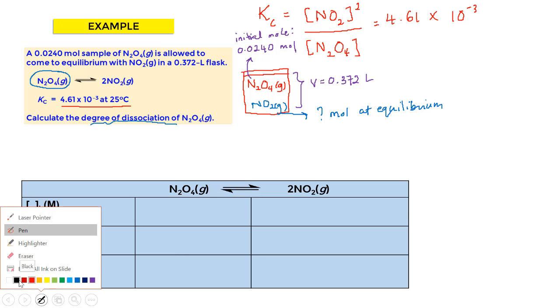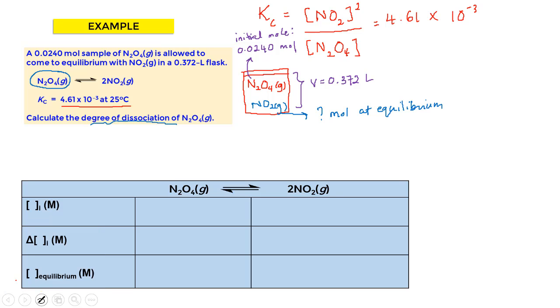Okay. So now, kalau you lihat di sini, kita tidak ada initial concentration of N2O4 secara directly. But we have the number of mole, the initial mole of N2O4 and the volume of the flask. So, kita boleh kira initial concentration of N2O4.